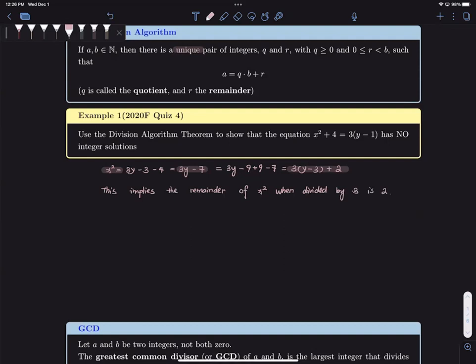Does this make sense for now? So far, so good? Okay, so cool. Now we know that if you divide this by 3, you'll get 2.